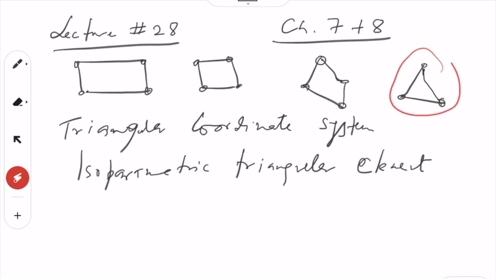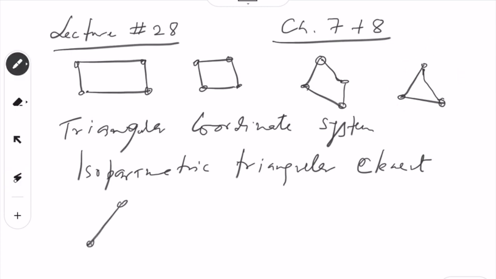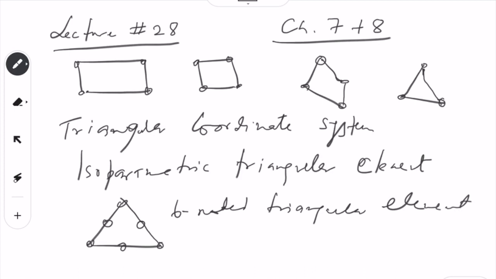If you have a 3 noded system like this one, it's easy to actually find out the stiffness matrix based on what we did. But now consider you have to find out something like this. If you have, let us say, a 6 noded triangular element, then applying the integration will be difficult.